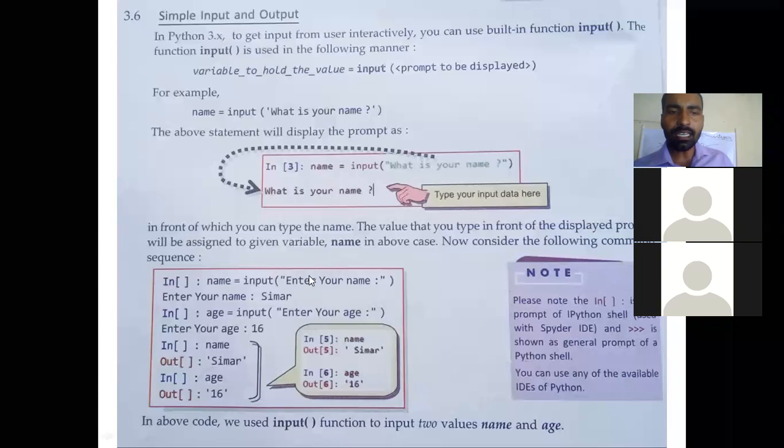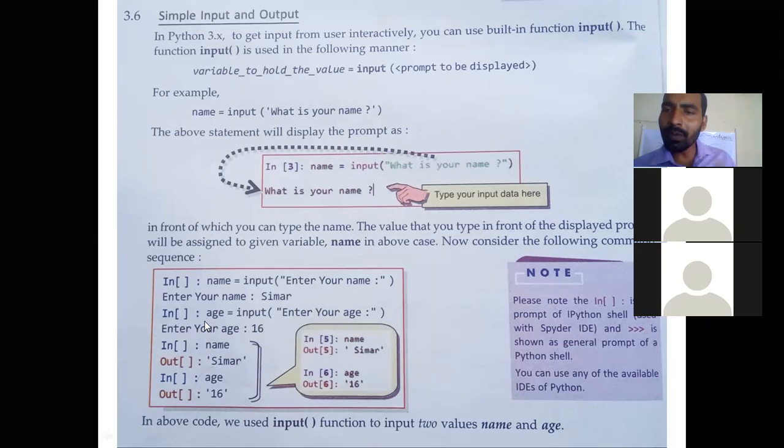Like here you can see, given name equal to input, enter your name, then it will ask on the Python prompt, enter your name. We enter the name like Simmer. Then second input, age equal to input, enter your age. Then we enter the age 16 or 20 or 18, whatever.